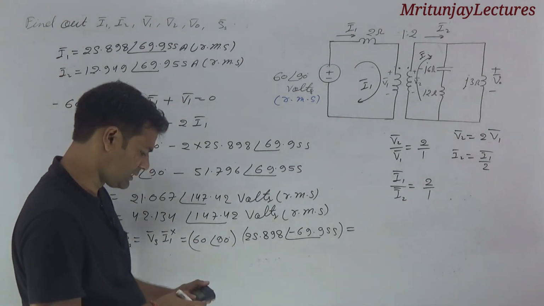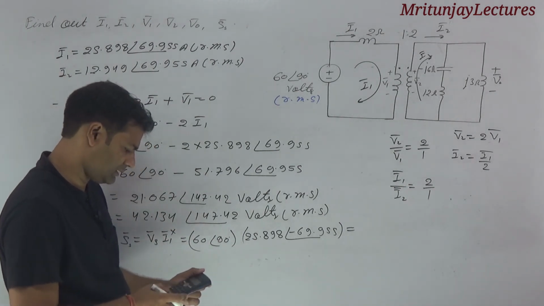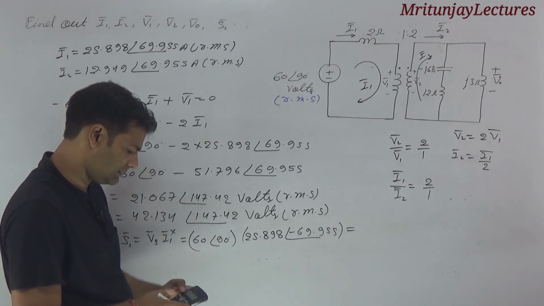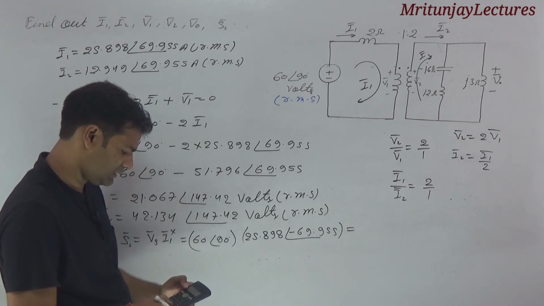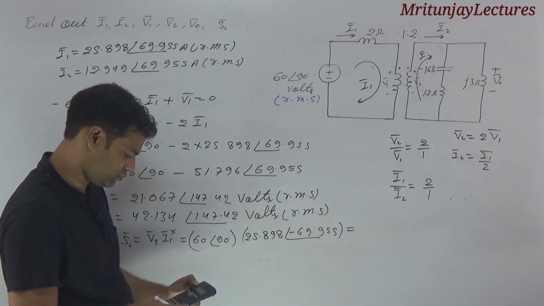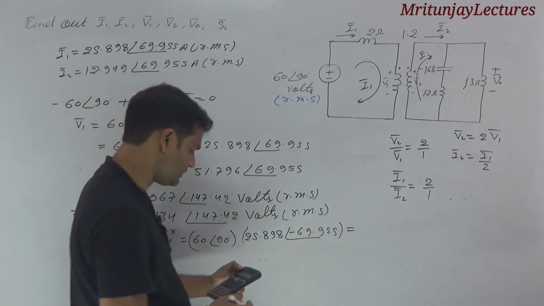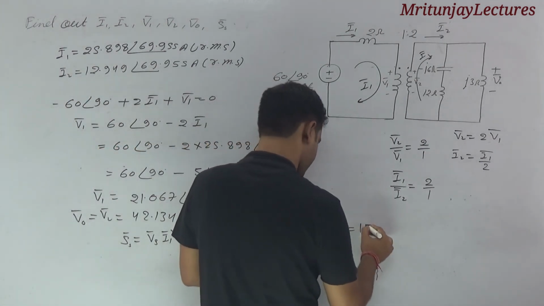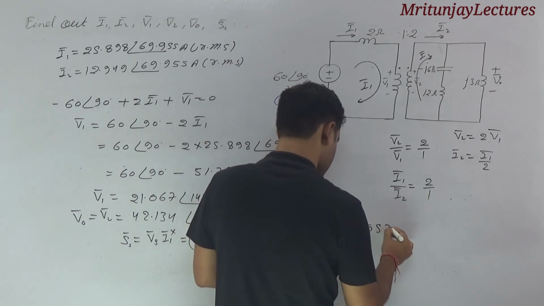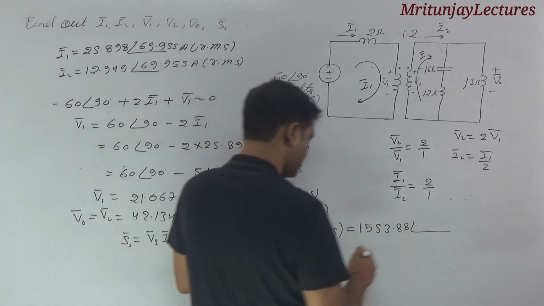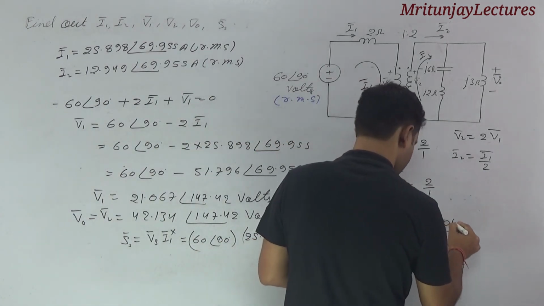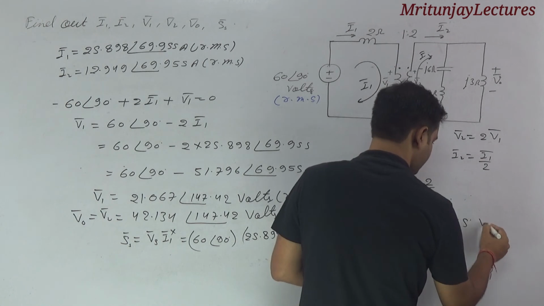Now 60 at the angle 90 degree into 25.898 at the angle minus 69.955. If this is converted, we get 1553.88 at the angle 20.045 VA.